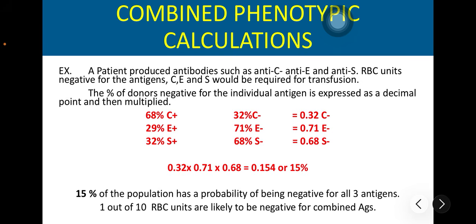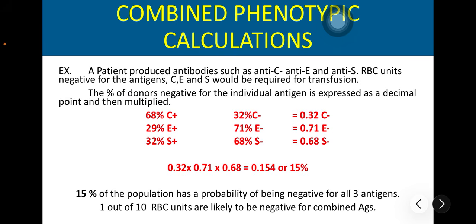That is why we need to find a blood unit whose red cells do not contain the big C, the big E, and the big S antigens. So RBC units that are negative for the big C, big E, and big S antigens would be required for transfusion. The percentage of the donors negative for the individual antigen is expressed as a decimal and then multiplied.